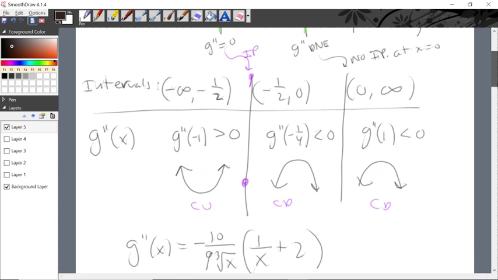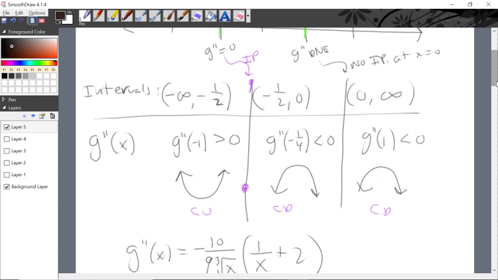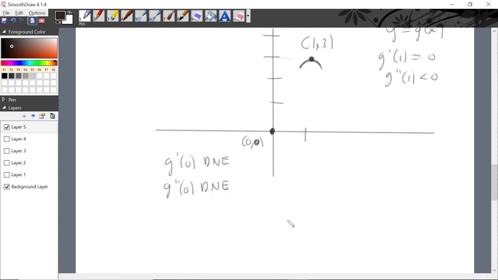In fact, from 0 to infinity, it is all concave down. Notice that on this portion right here, we would have increasing and concave down, but on this portion, we would have decreasing but concave down.